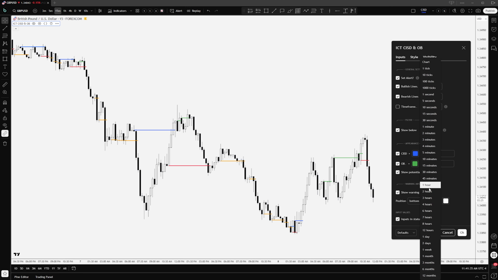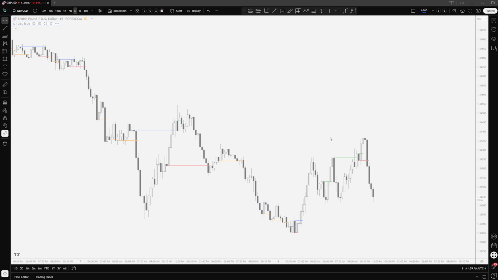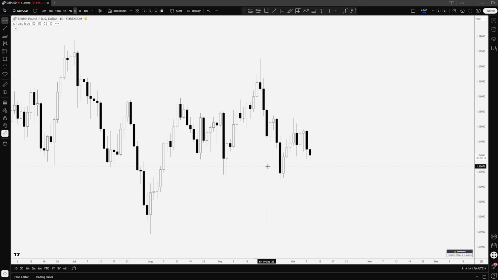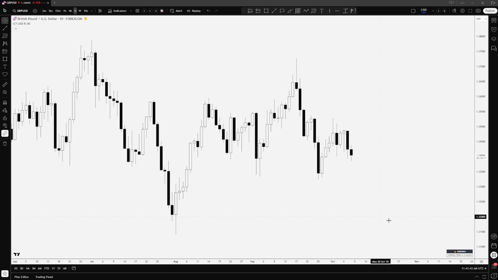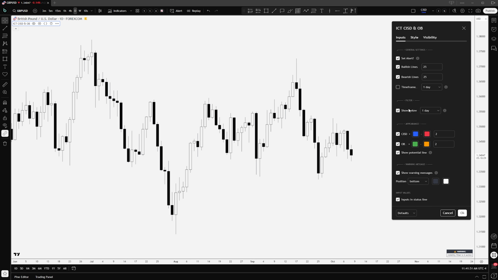So in this case, I most of the time set this to the daily. Whenever I do my bias analysis, I don't want to see anything. You will get a pop-up message which tells you warning, visibility filter is in action, which means that you have enabled this, and that's why you don't have anything plotted on the chart.